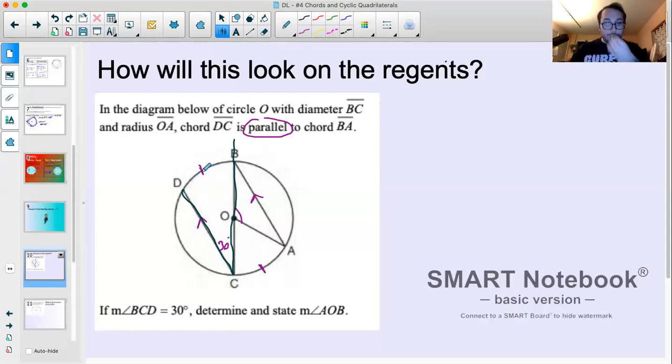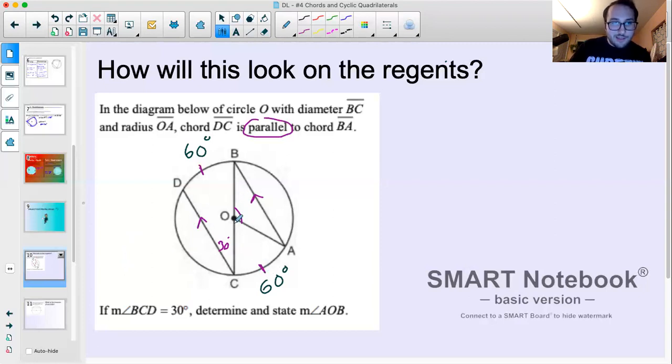So if the angle is 30, the arc is 60, okay? But hold on, based on what we already wrote, isn't arc DB congruent to arc CA? So then this also must be 60. Okay. And I'm just really following my nose.